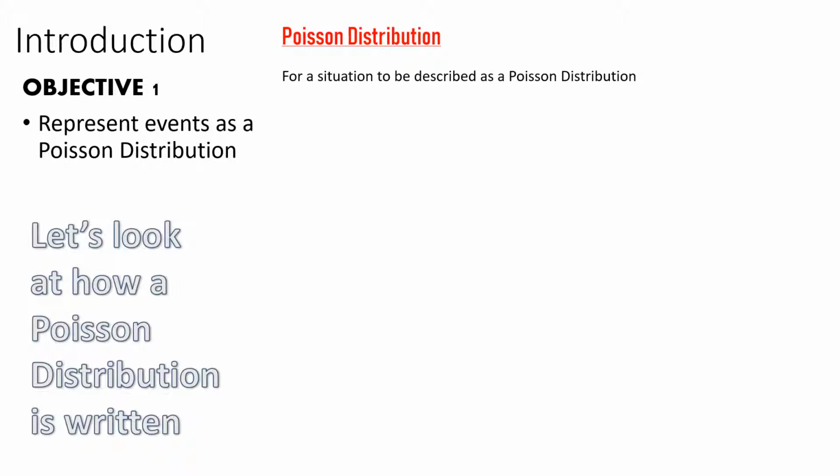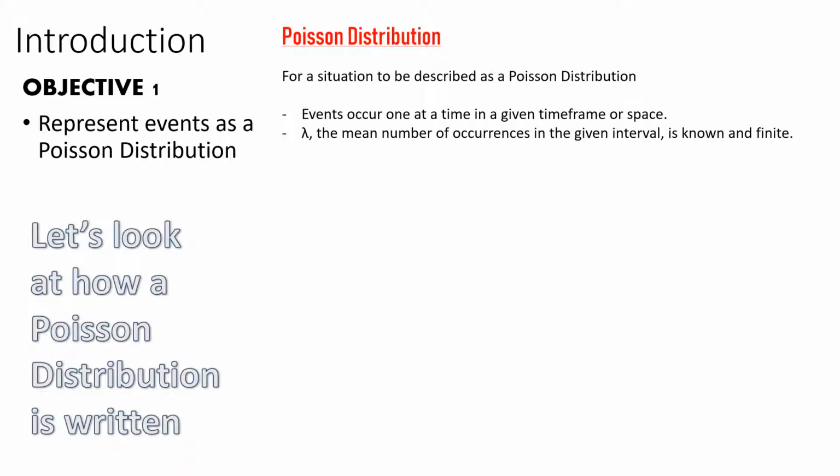For situations to be described as a Poisson distribution, they need to conform to a couple of things. Events occur one at a time in a given time frame or space. So one, there's a time frame, and two, you're given a mean number of occurrences in that given interval, and it's known and finite.